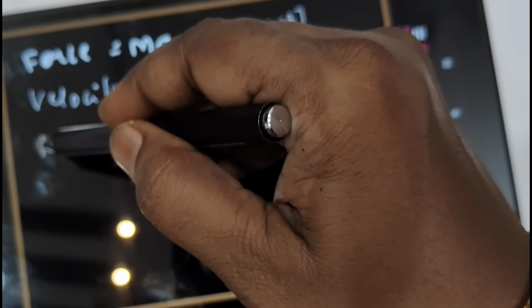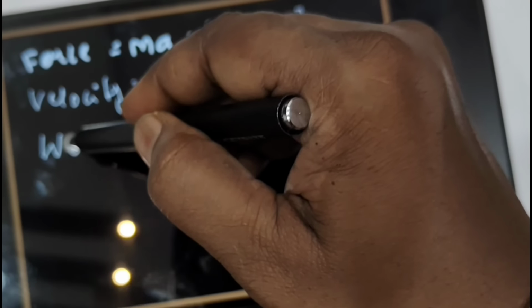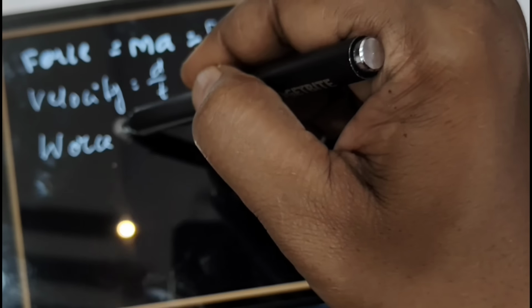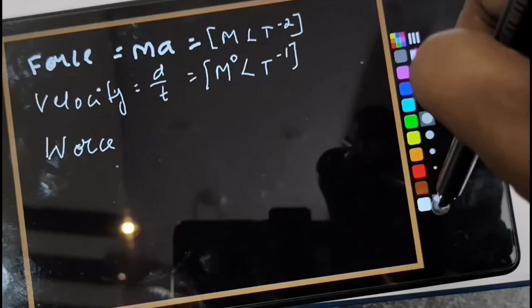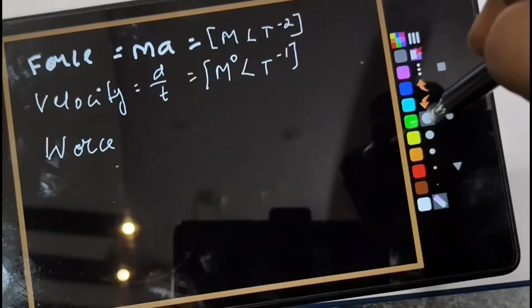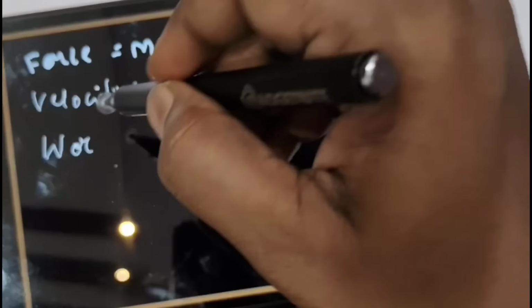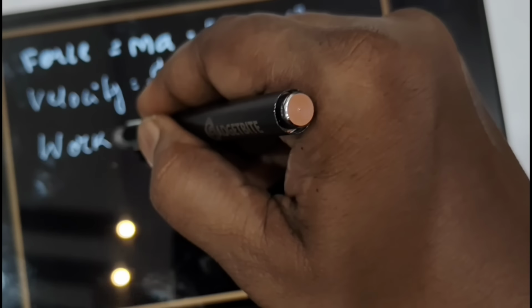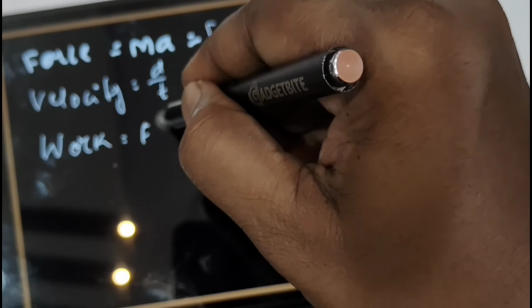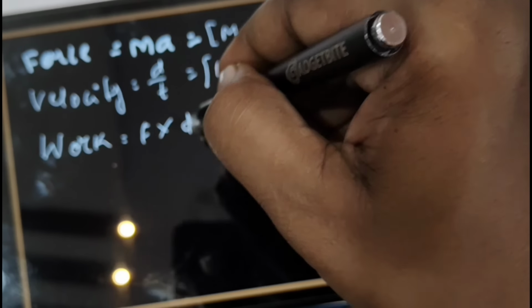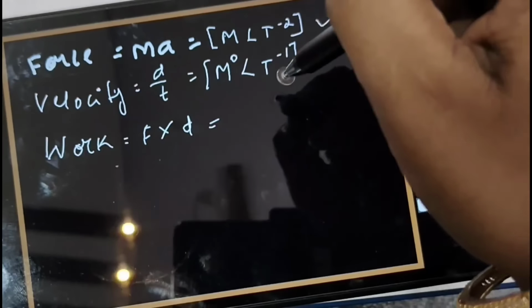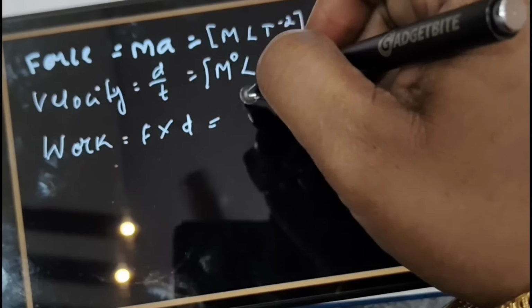Okay. Next we will see the work. For work, it is force into displacement. So already we got the force here, and displacement is length.